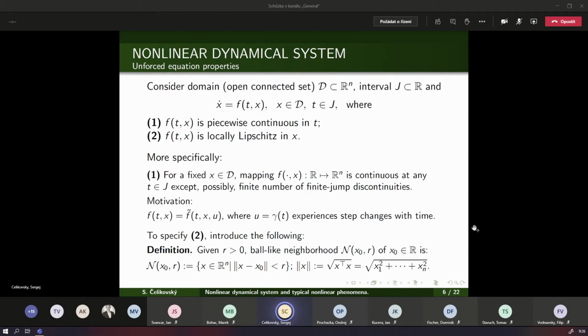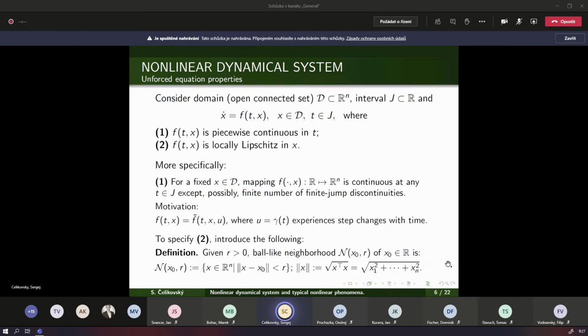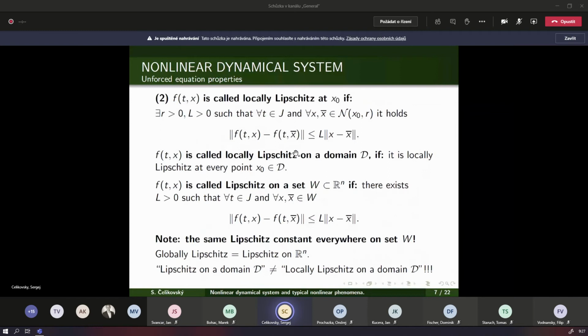So either this, or if you multiply this together, right, row vector and column vector, you will see that it is actually a sum of squares and then square root. So this is the neighborhood, and now we can already give a more precise definition of this property.